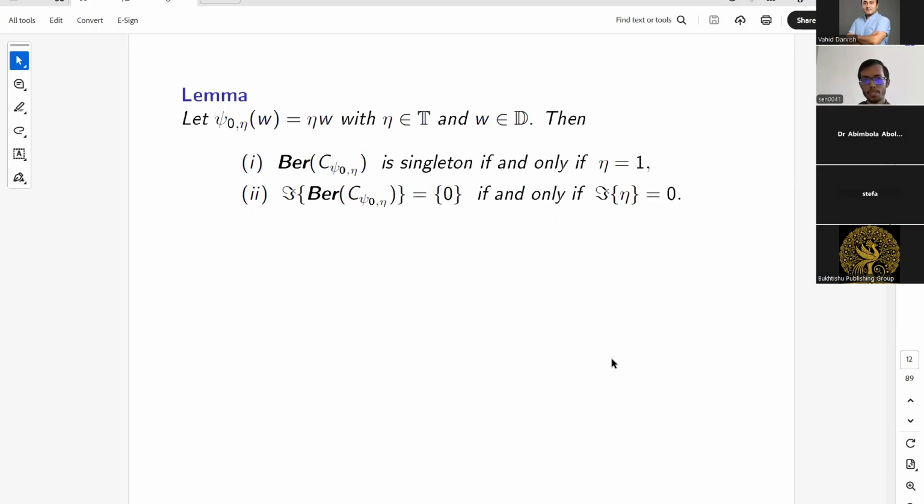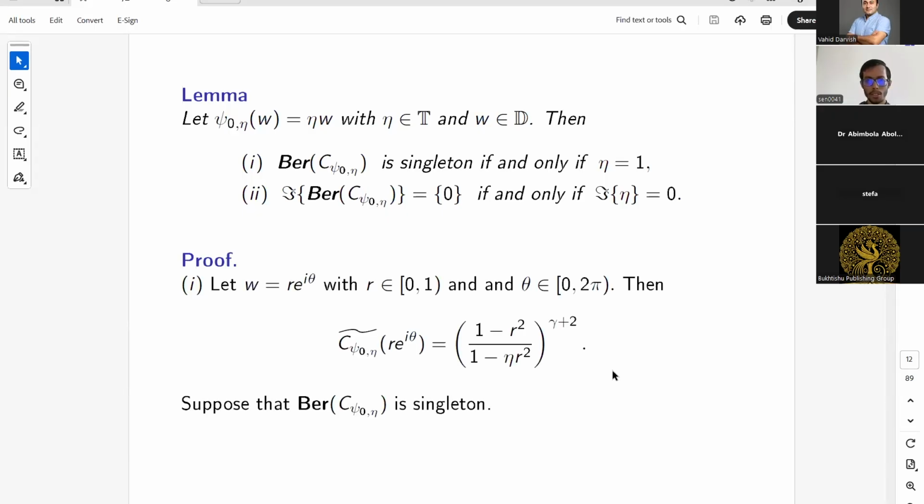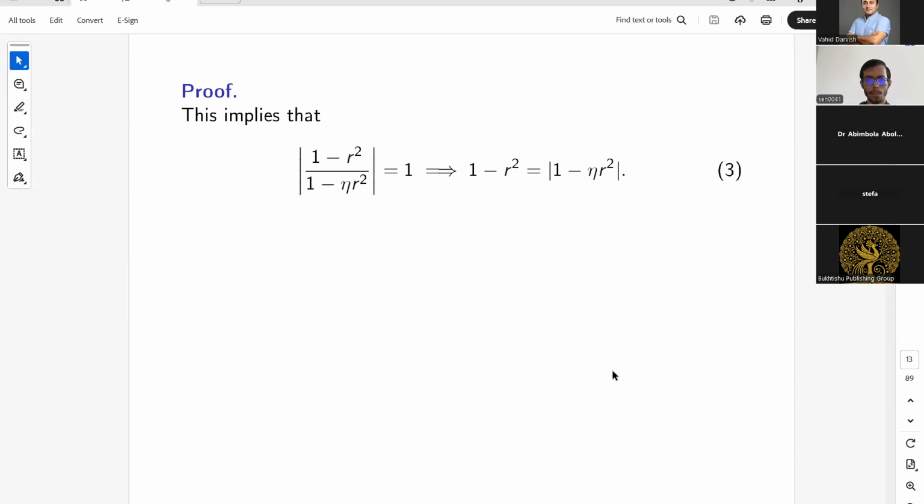And to prove this result, we need this lemma. First, the Berezin range of C psi 0 eta is a singleton if and only if eta is equal to 1, and the imaginary part of the Berezin range of C psi 0 eta is equal to 0 if and only if the imaginary part of eta is equal to 0. And this is the proof of this lemma.